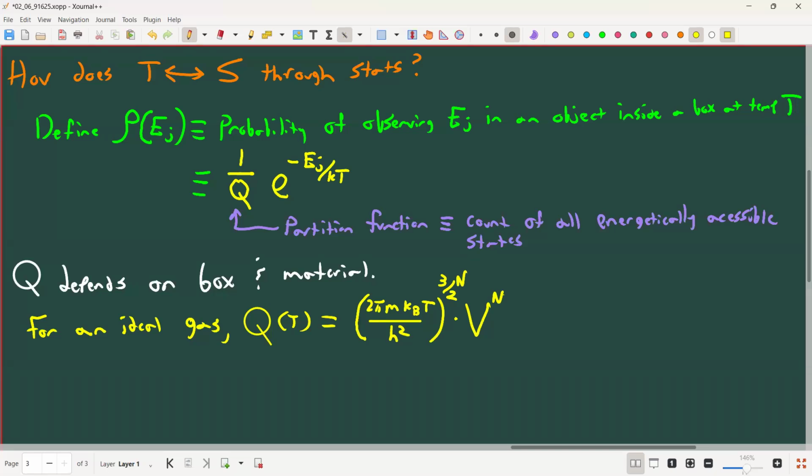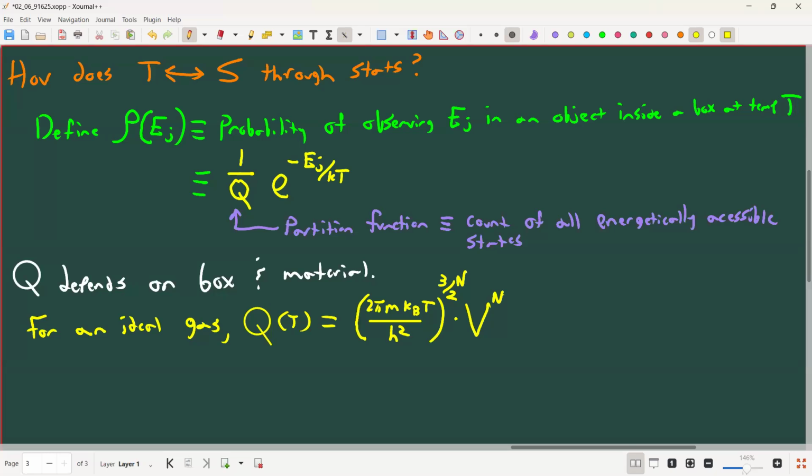So I could plug in a temperature and the number of particles I have in the box, N. These are just numbers. This is the mass, this is a constant, this is the volume of the box. And what this tells me roughly is how many possible configurations the system has at a given temperature. You can see that it gets bigger with T. As T goes up, it's the only variable at constant volume. So as T increases, the number of possible arrangements increases.